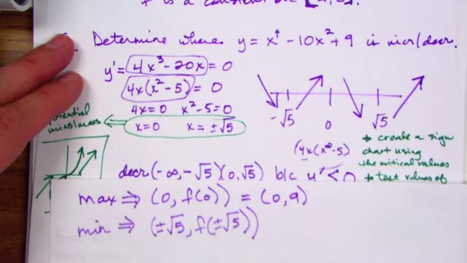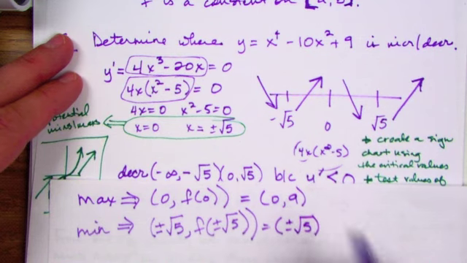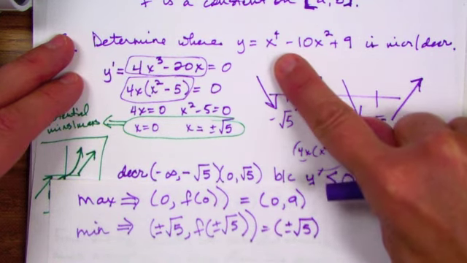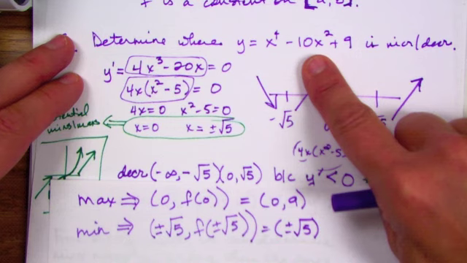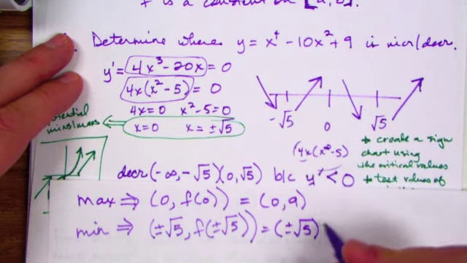Yep. If I plug that into the fourth, I'm going to have 25 minus 50, which is negative 25, plus 9, which is negative 16.